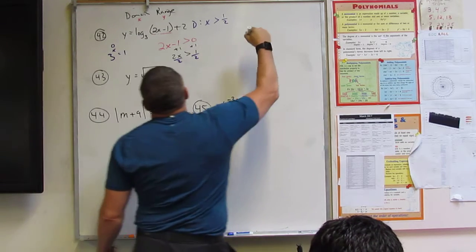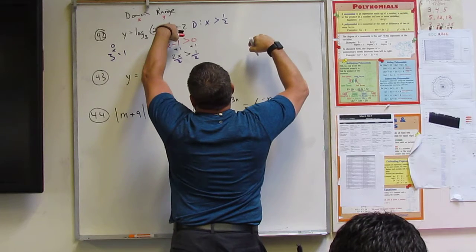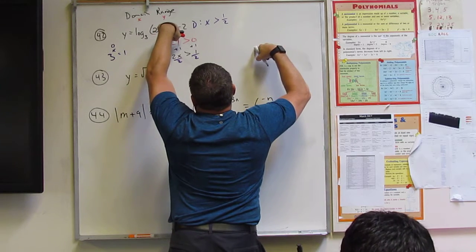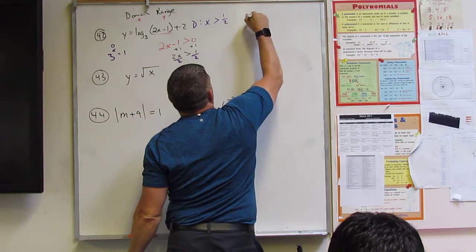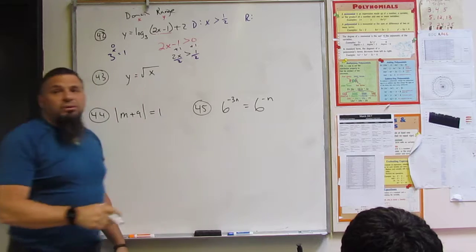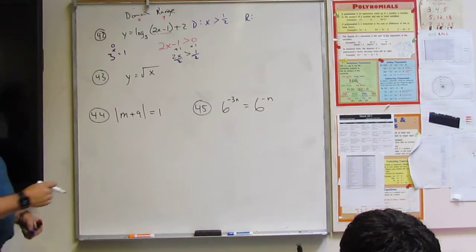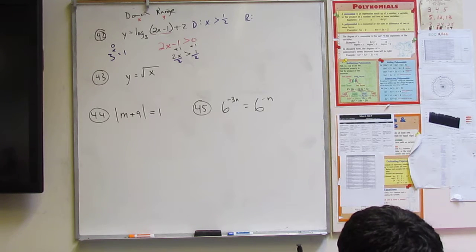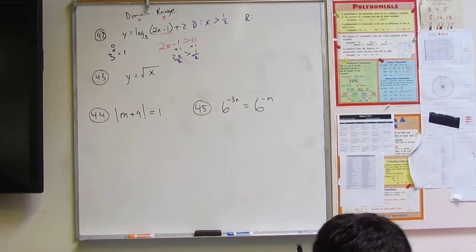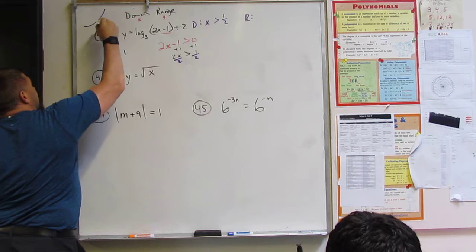So when this went to 2, that moved that range from being 0. Do you remember what the log is going to look like? 3 to some power, what that's going to look like? You remember at all? It's going to look like this.